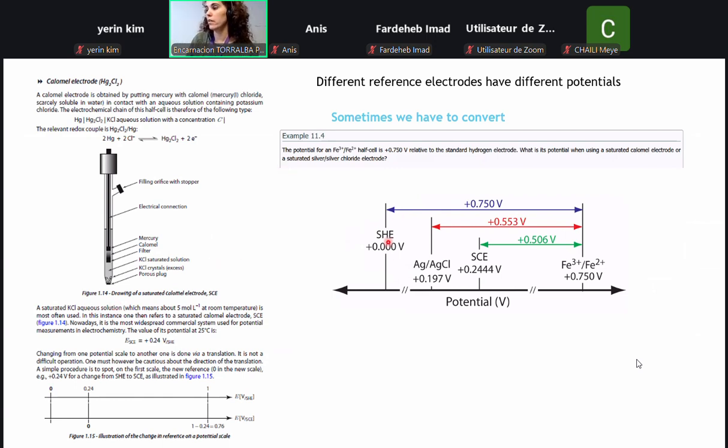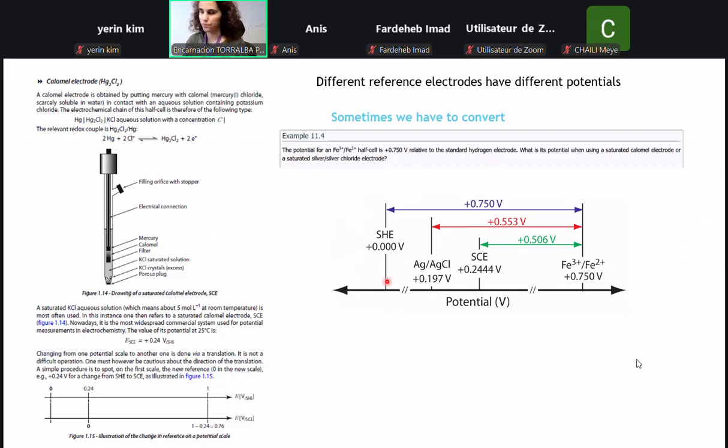So we use the standard hydrogen electrode, which by convention is at 0. If in my lab I have a silver chloride reference electrode and another person has calomel, we can compare if the two give the values with respect to a standard hydrogen electrode.